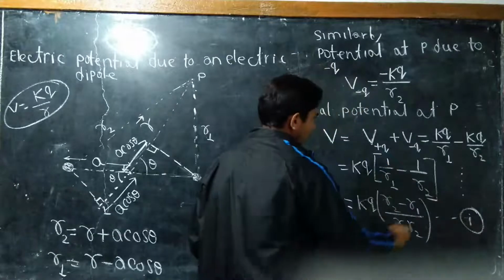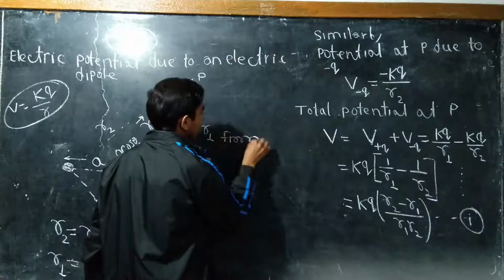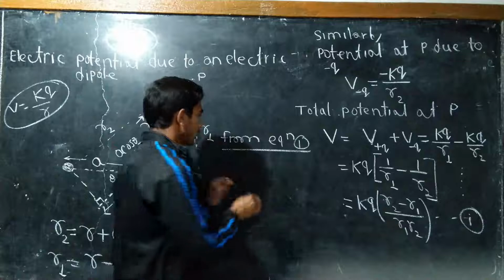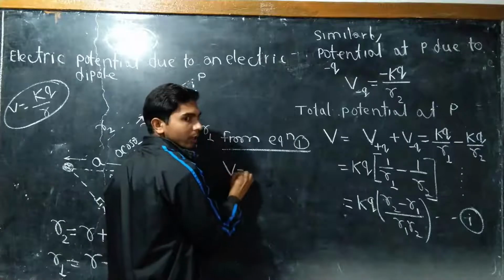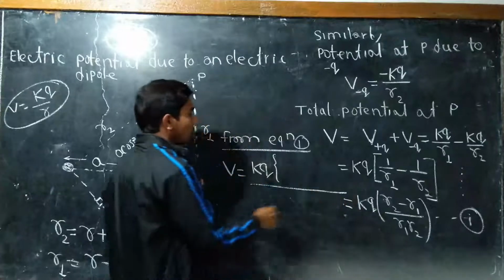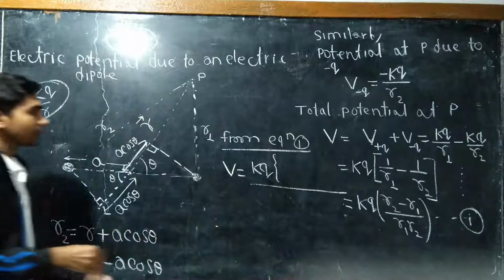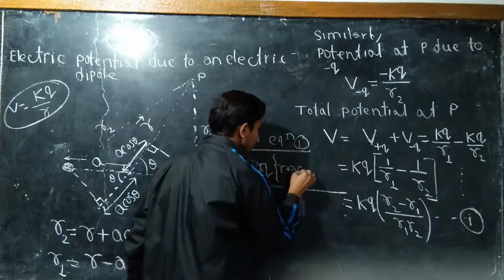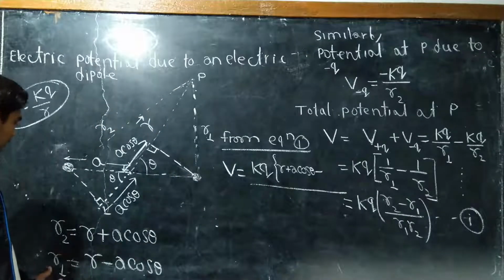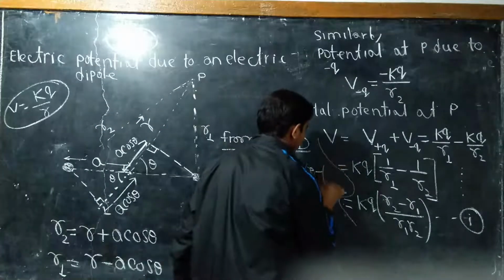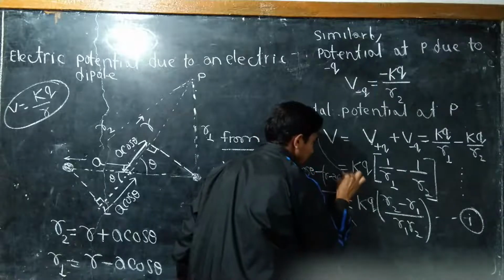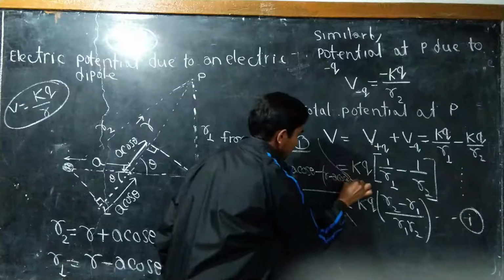So just substitute the values and get the answer, okay? Further, from equation 1 we can write V is equal to KQ times, in brackets, 1/R2 minus 1/R1, so R2 is R plus A cos theta and R1 is R minus A cos theta, and bracket close.